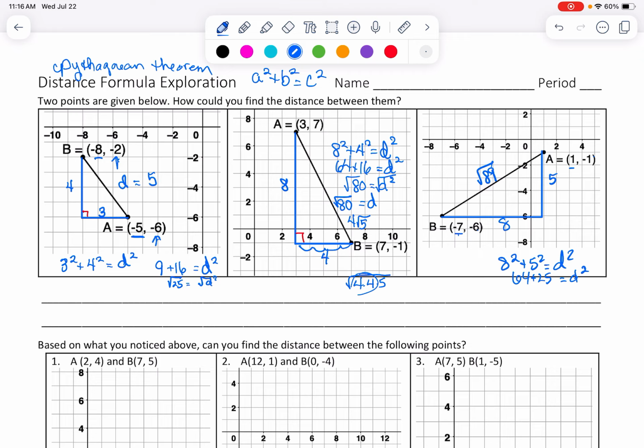When they're graphed, we can find the horizontal and vertical movements. Square those. Add them. And then take the square root.